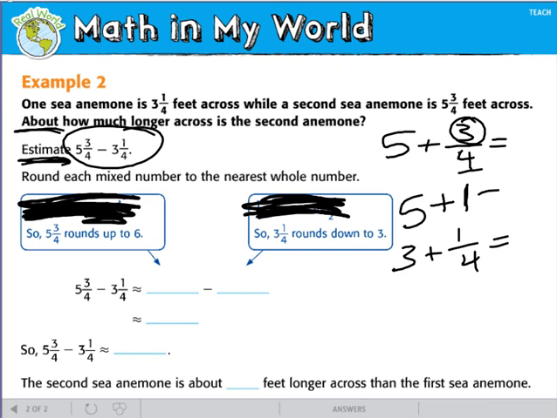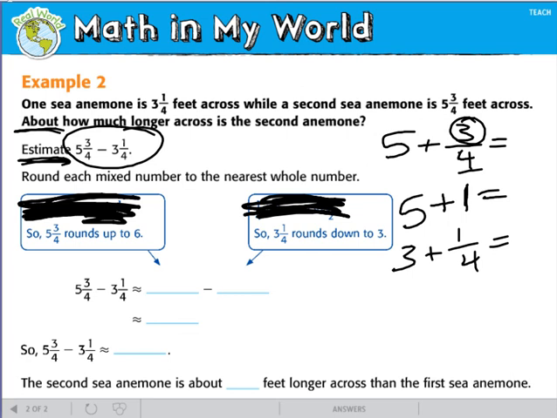If it's closer to the denominator, it's a 1. If it's closer to 0, it's 0. A fraction can only be one of two numbers when you round it, and that is 1 or 0. You're only going to round a fraction to 1 or 0.